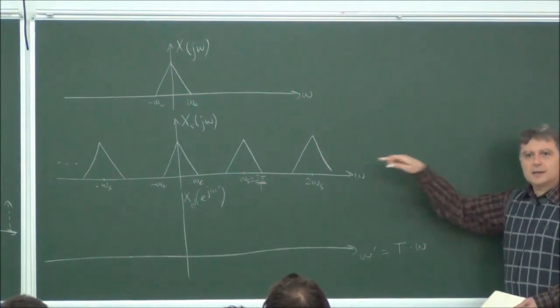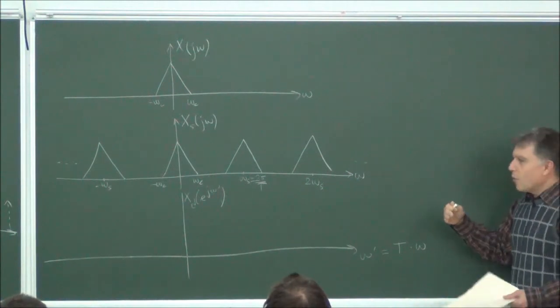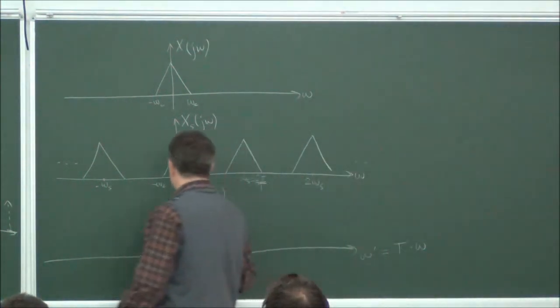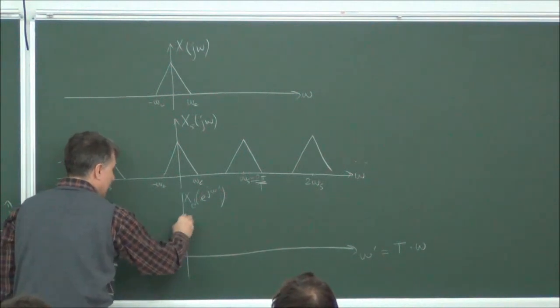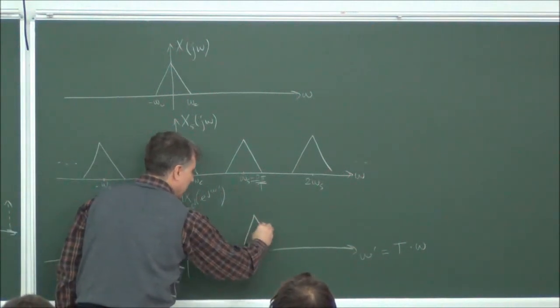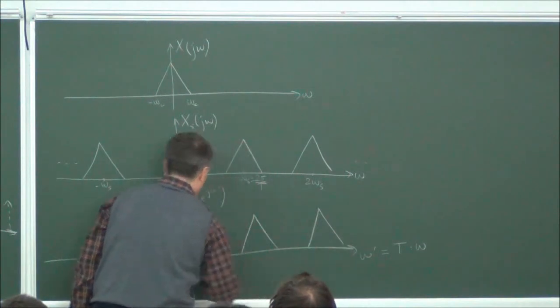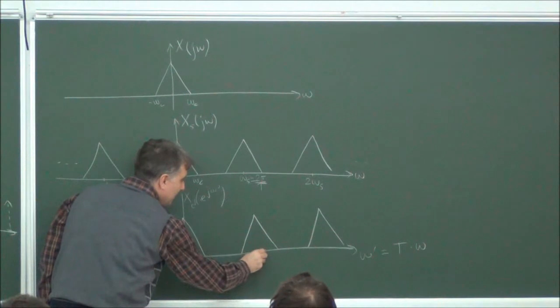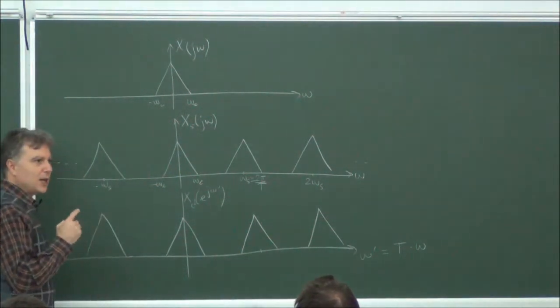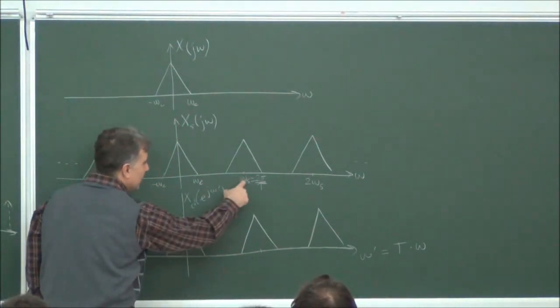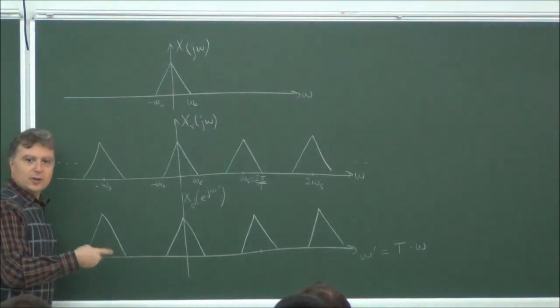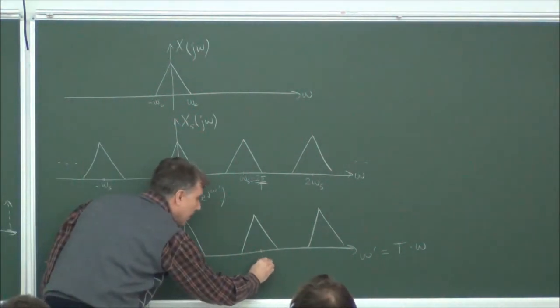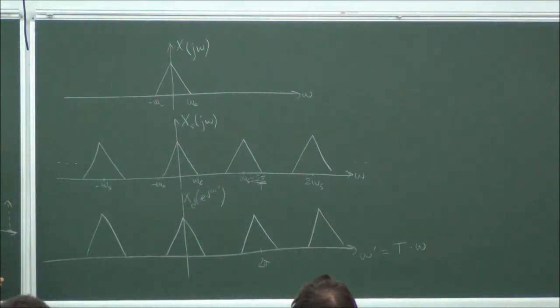We are just scaling this axis. Or it's even easier than that to interpret. It's the same shape. We're not really changing the shape. We are only making one single change, which is this point. We're not going to say it omega s anymore. We are going to call it 2 pi. And that's it. Okay, it's the same shape. It's just a scaling of the frequency axis.